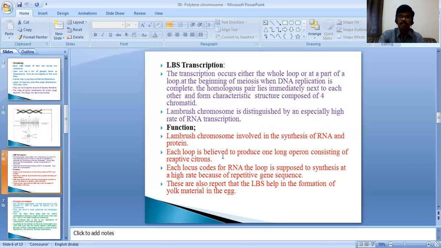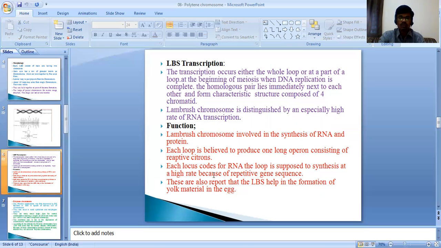Each loop is believed to produce one long operon consisting of respective cistrons, and each locus codes for RNA, and the loop is supposed to synthesize at a high rate because of repetitive gene sequences. Okay. It is also reported that the lampbrush chromosomes help in the formation of yolk material in the eggs. हा कशासाठी yolk material formation करण्यासाठी कशामध्ये egg मध्ये help करत असतो.